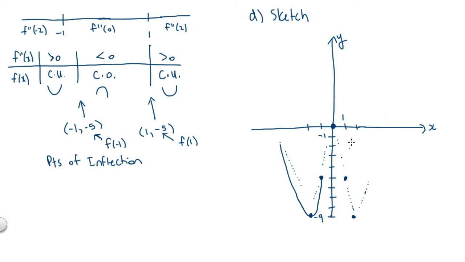Then the graph becomes concave down. So now it's curving slightly differently. Now it looks like an upside down bowl all the way over till the x value 1, and then it starts to look concave up again. So now it's got this kind of a shape.